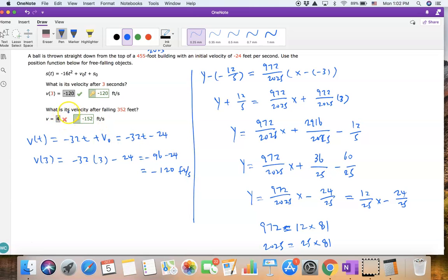Now for part 2, what is the velocity after falling 352 feet? To answer this question, we need to know, after this object falls 352 feet, what is the time?